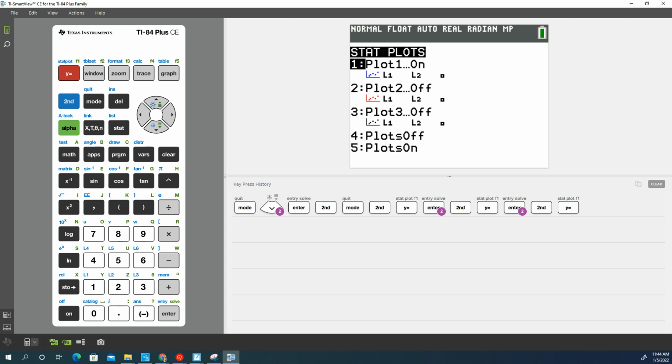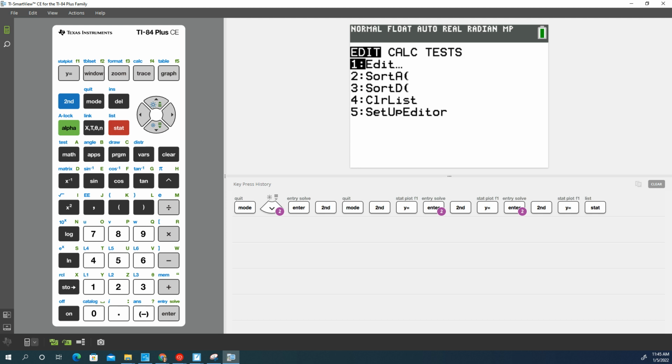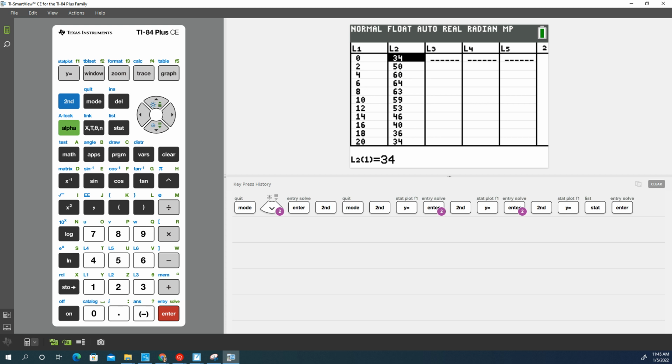Okay, so we're going to enter this into our stat edit in here, into our L1, L2 lists. So you're going to hit stat. And then we're going to hit enter because it's edit. And then we're going to type in all this data. Remember that one we did before with temperature?